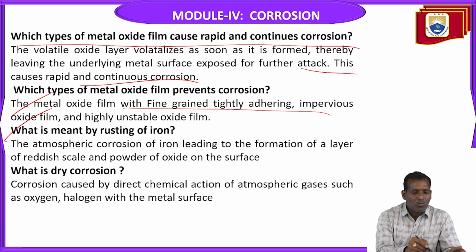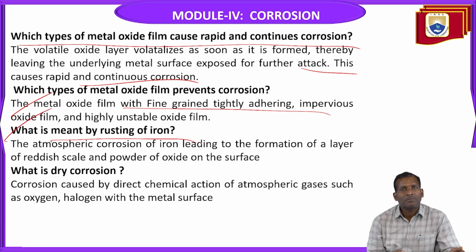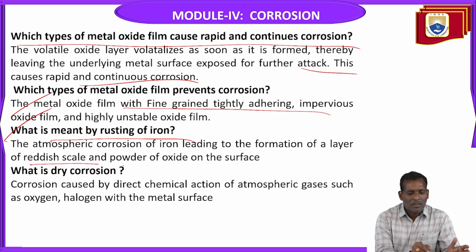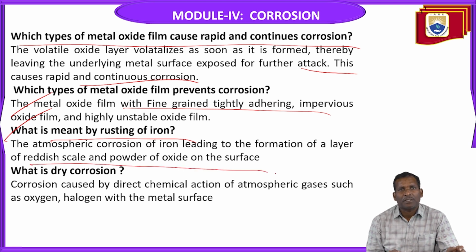So next one is, what is meant by rusting of iron? It means the atmospheric corrosion of iron leading to the formation of a layer. Whenever oxygen is present in the atmospheric air, oxidation will occur. Due to this, the formation of a reddish scale and a powder of oxide on the surface is called rusting of iron. So what is dry corrosion?